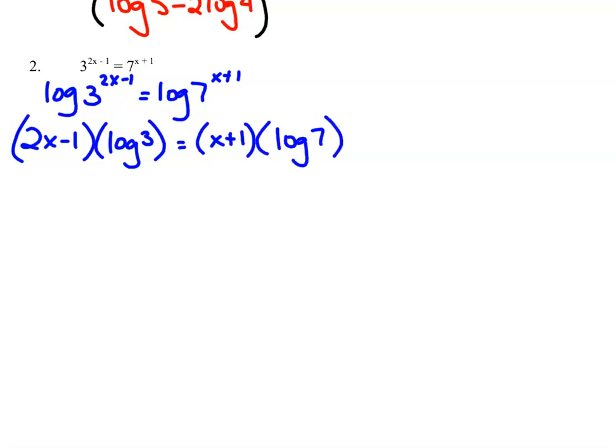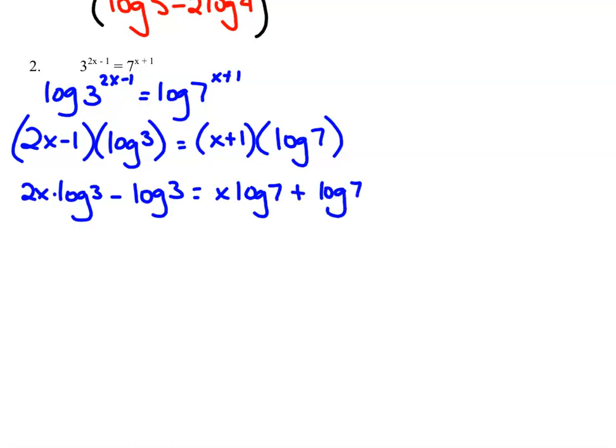Our next step is to distribute. So we get 2x times log 3 minus 1 times log 3. On the right, we have x times log 7 plus 1 times log 7. And then we move anything with an x to one side. So I'm going to subtract this piece over to the left.